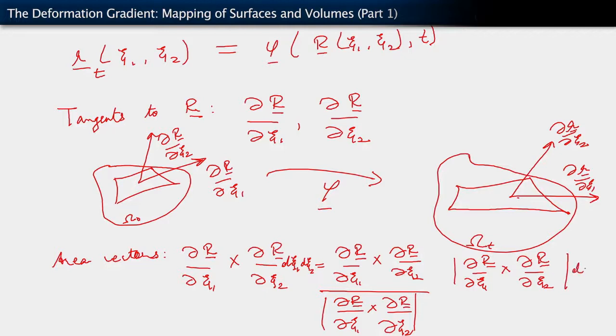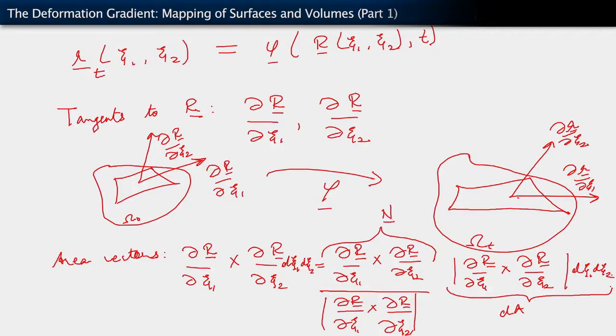But what I have done is to write something out that allows me to call that a scalar, which I will denote as dA, capital A, meaning a scalar area, right? Because that's obviously the magnitude of this area vector. And all of this I am going to denote as capital N being the normal. Okay, and we know that the cross product results in a vector that's perpendicular to both the vectors constituting the cross product.